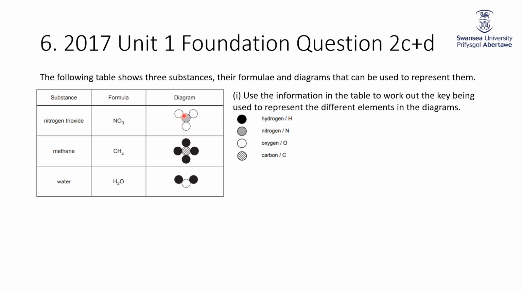So the shaded one must be nitrogen, and the black one must be hydrogen. And then if the black one is hydrogen, the middle one must be carbon. There are other ways you could do it, but that is one of them.